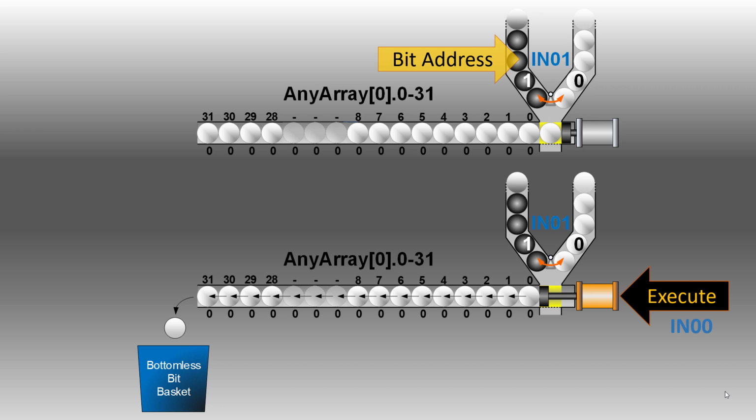When you define the tag, the variable, you specify the data type and the dimension. The fact that we see brackets with a 0 in it implies that it is the first element of an array of more than one double integer. Okay, so the register that we're going to shift the bits in is any array element, bits 0 through 31.